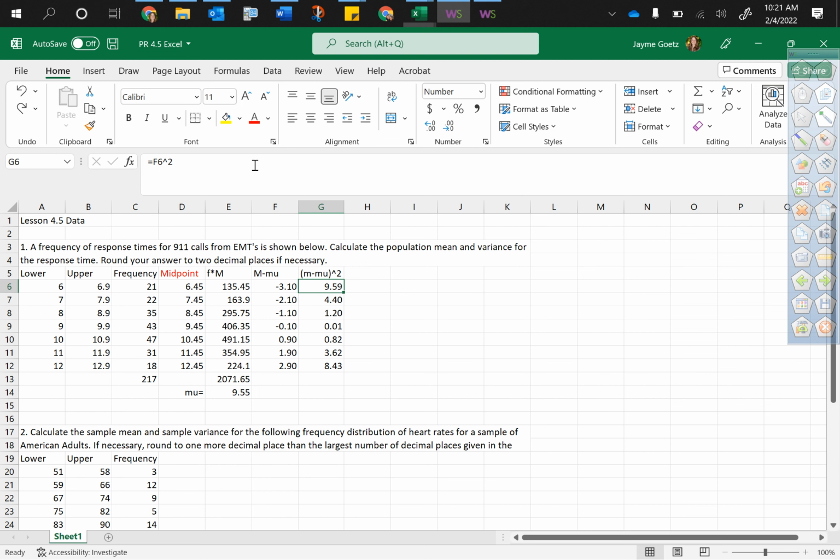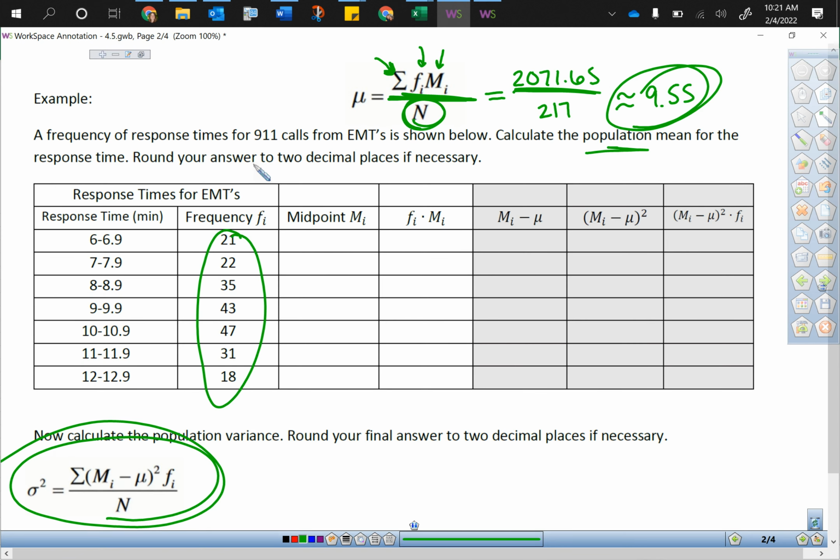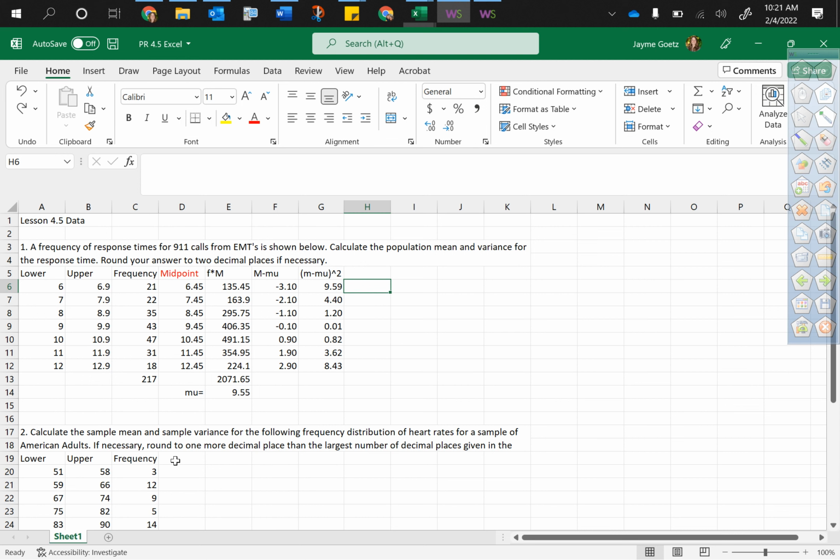All right. So if we're looking back at our formula, we have the midpoint minus my mean squared. Now, what do I need to do with that? Multiply it by the frequency. So we're going to take this times my frequency.